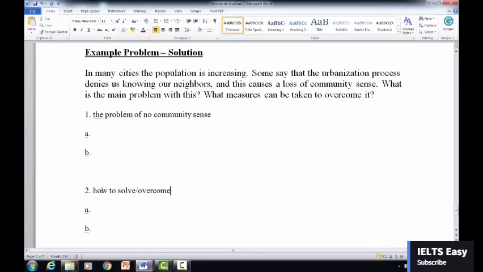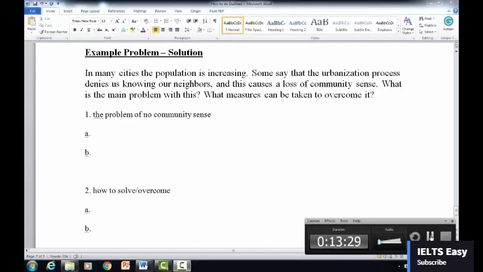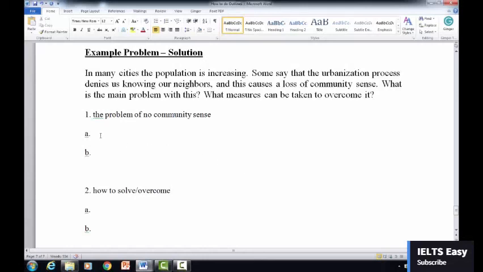Right. So for this one, we don't have to think about what are the controlling ideas. They are giving the controlling ideas to us. So in the first one, the problem of no, what are some problems of not having a sense of community?